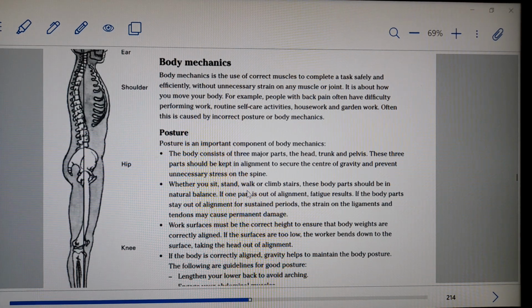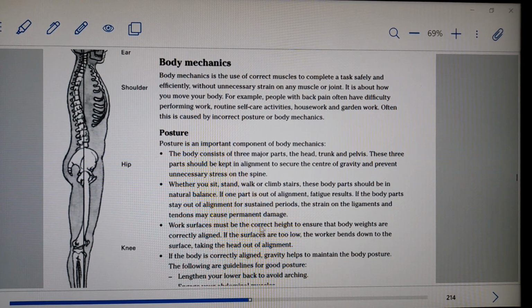When you sit, stand, walk, or climb the stairs, these body parts should be in natural balance. If one part is out of alignment, fatigue results. If the body parts stay out of alignment for a sustained period, the strain on the ligaments and tendons may cause permanent damage.